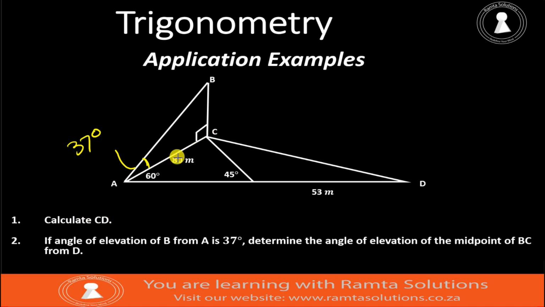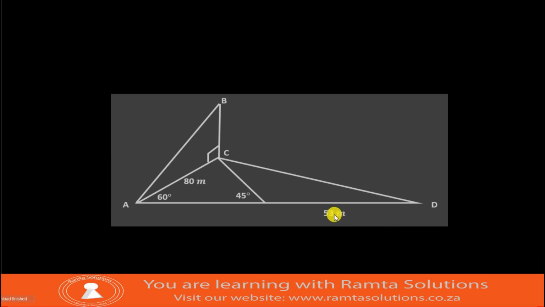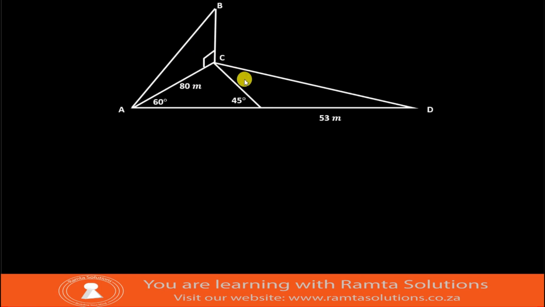CD must be somewhere in this triangle. So let me paste that triangle. So this is that triangle. So we must calculate CD. However, I am not sure how we will find CD.